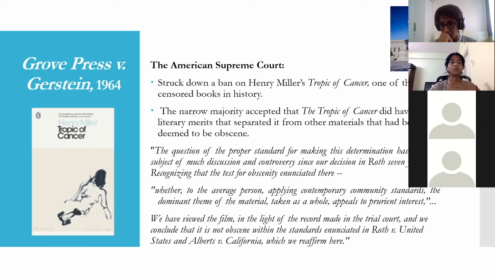Then they look at whether the work depicts or describes in a patently offensive way certain sexual conduct. And lastly, they see if the content as a whole lacks serious literary, artistic, political, or scientific value, which is similar to what the court holds in Grove Press versus Gerstein, because they say that the literature itself has certain merit, and so it can't be considered obscene, and the ban was struck down.